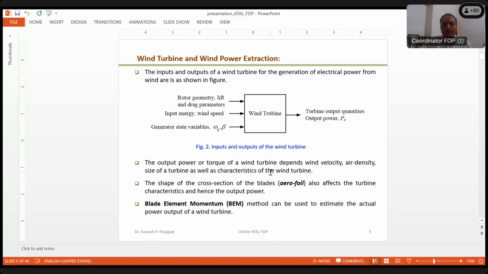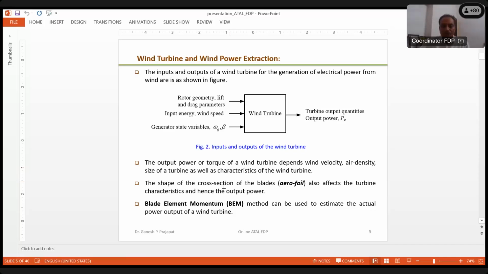It may happen that if you have a poor design of the wind turbine blades, it may not generate electrical power, because of the design or the shape of the blade, which is known as the geometry of the blade. So that is very much important in the design of a wind turbine. These parameters, and especially the characteristics of the wind turbine, are again a very important parameter deciding the output power of a wind power system.